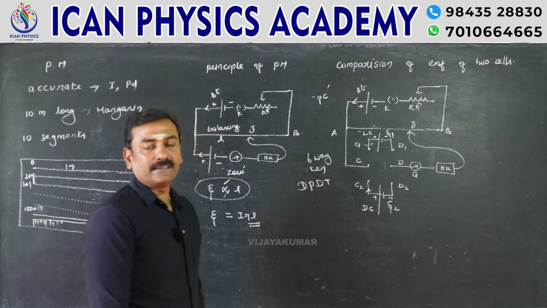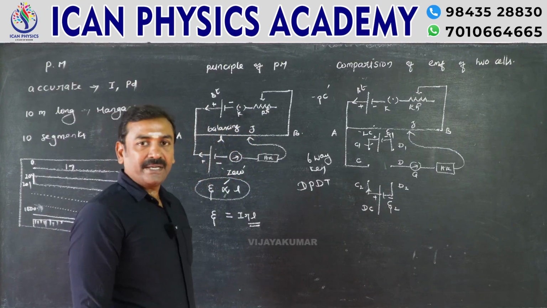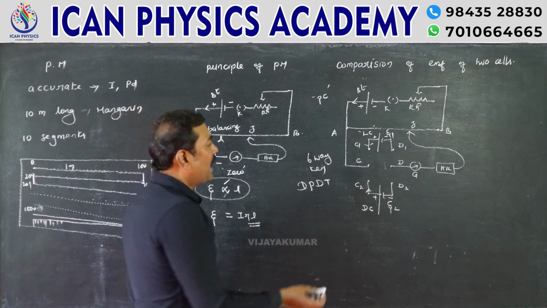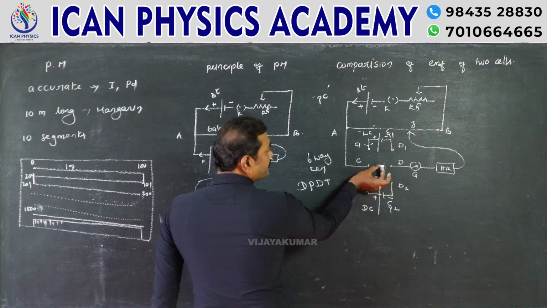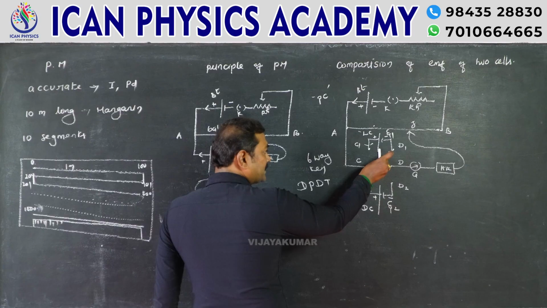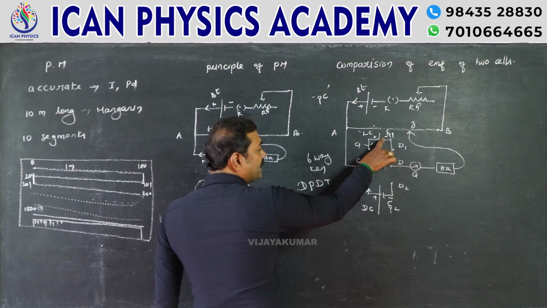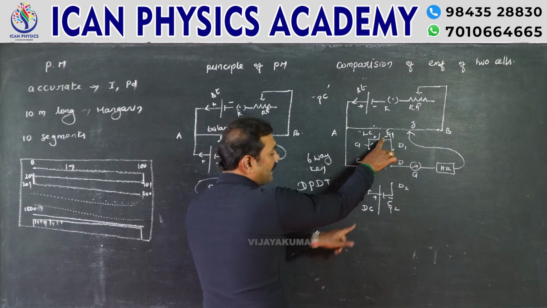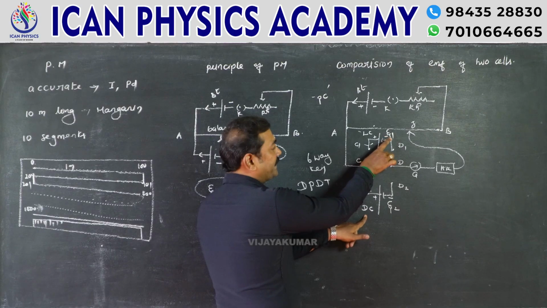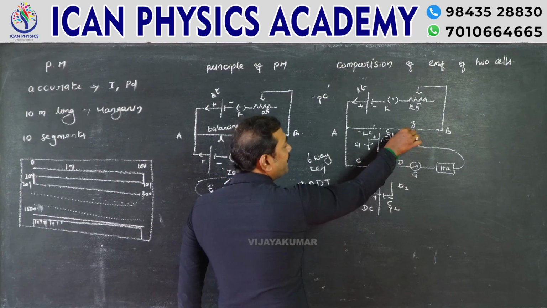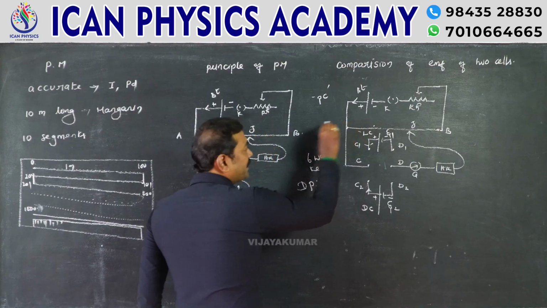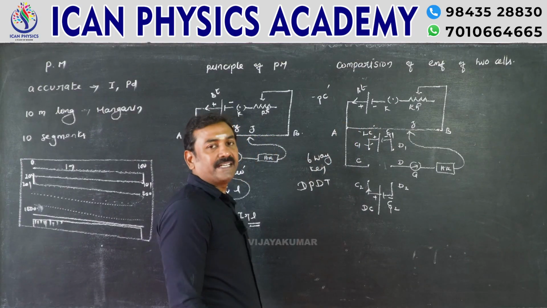Direction of current. Okay. So in the DP-DT switch, at the middle there is a knob. When the knob is turned towards this side, then the Leclanche cell is connected in the circuit and the Daniel cell is excluded. Now, the jockey is touched nearby A. It shows a left side deflection.